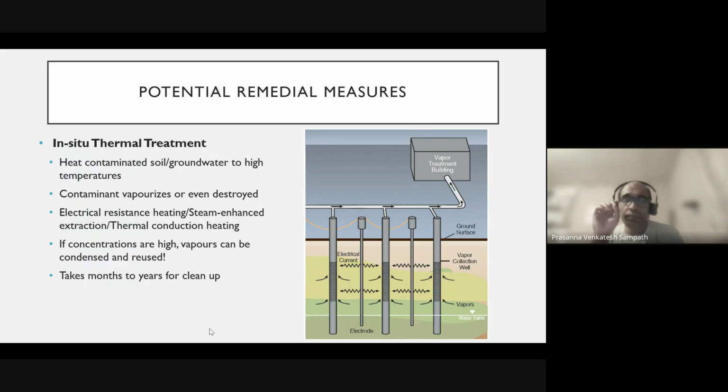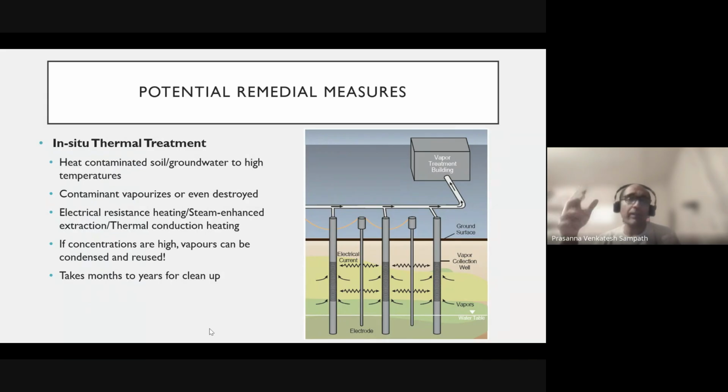So it will heat the contaminated soil or the groundwater to relatively high temperatures, and in that high temperature, the contaminant may either vaporize or it may even get destroyed, depending on the nature of the contaminant. And then when it vaporizes, you may again extract the contaminant out, and then remove it.